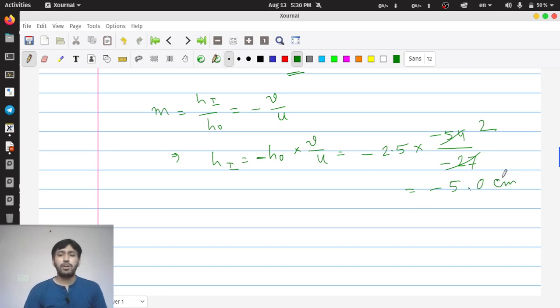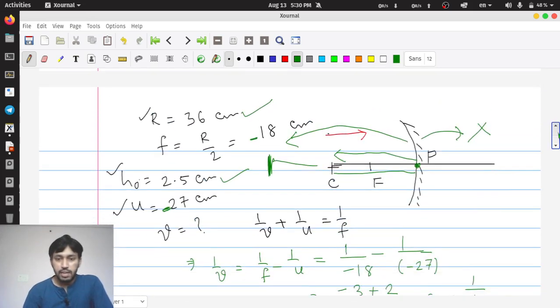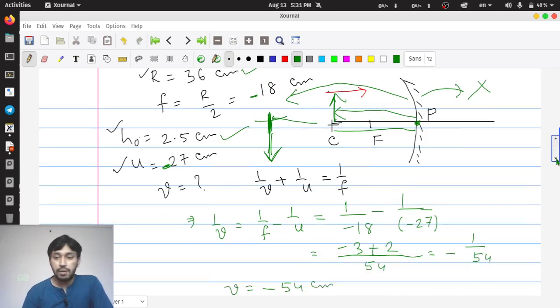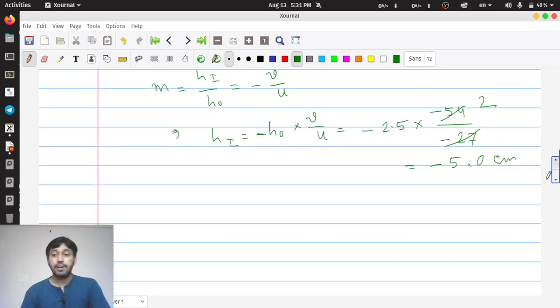Now what do you mean by minus 5? Here the sign convention comes again. Minus 5 means if the object is like this, the image will be like this, that means inverted. If we take the height of the object as positive, you have to take height in the downward direction as negative. So definitely the image will be an inverted image.